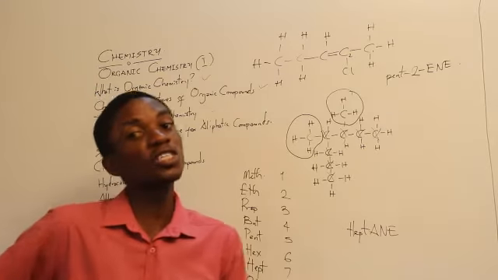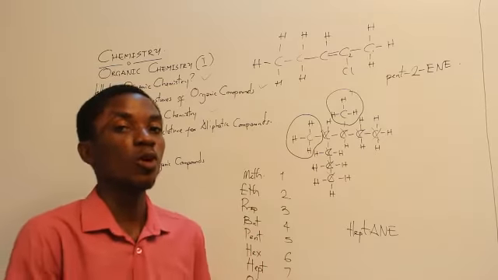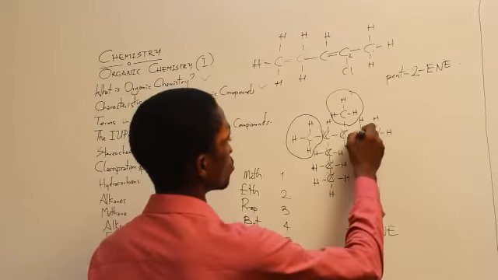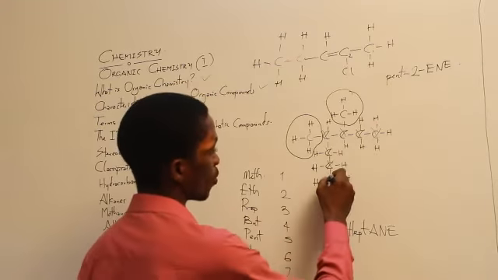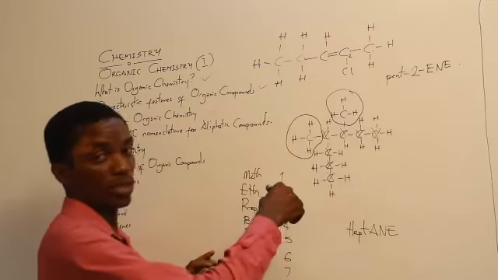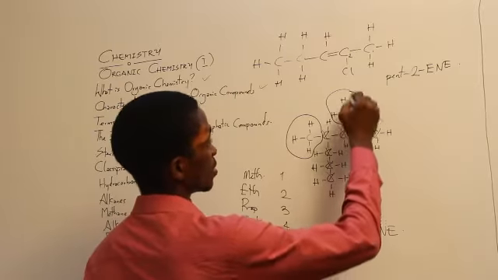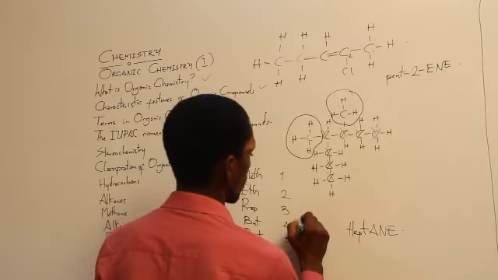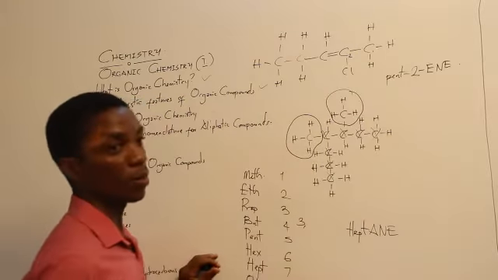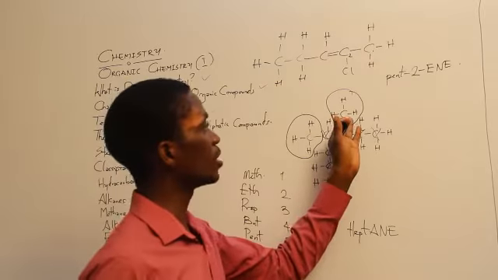Now, if you don't need a number in your suffix, then you can go ahead and label it based on your prefix. So, in this particular condition, I could say 1, 2, 3, and I could say 1, 2, 3, 4. But 1, 2, 3, 4 will be wrong. It takes so long. I already have 1, 2, 3. So I can say 3 is a methane, but it's not methane that we'll call it now, because it is not complete.